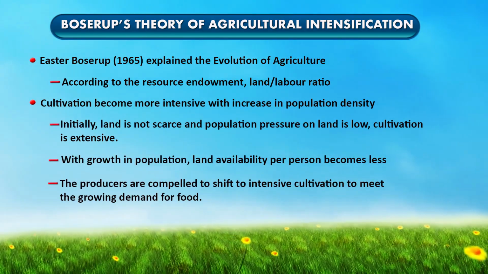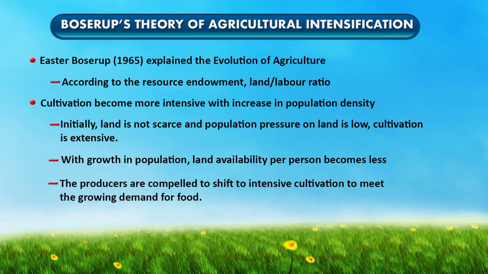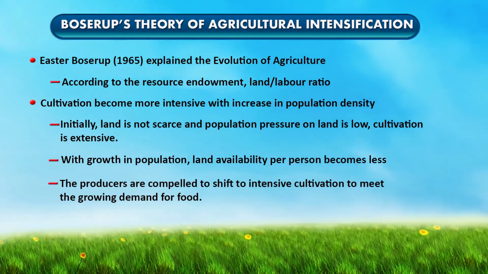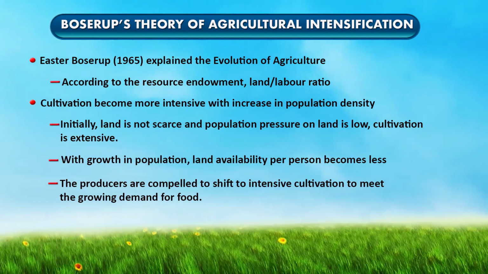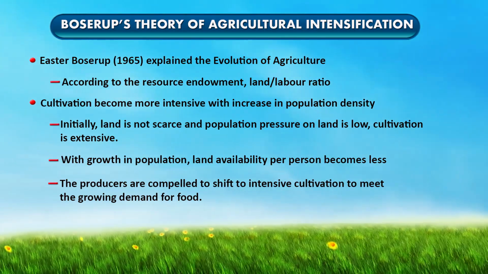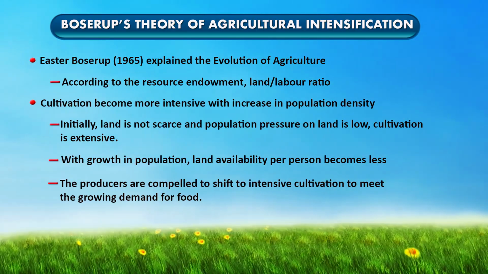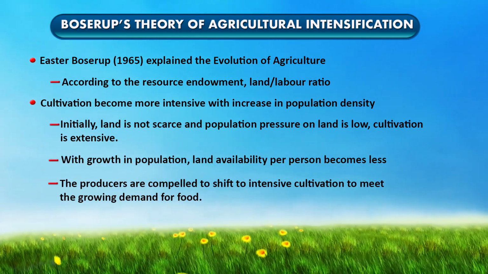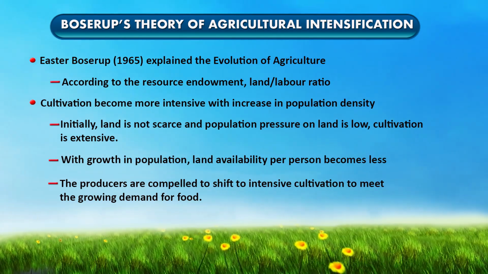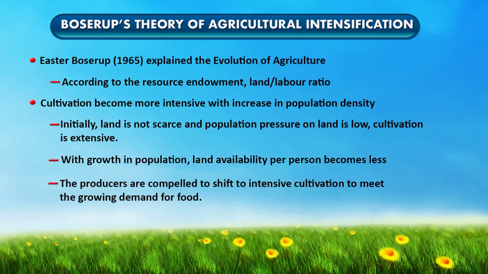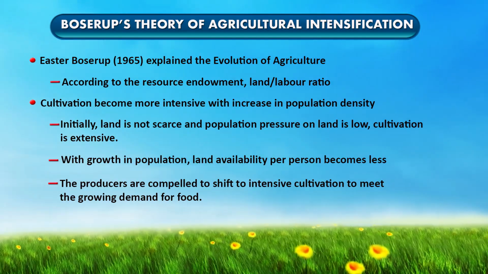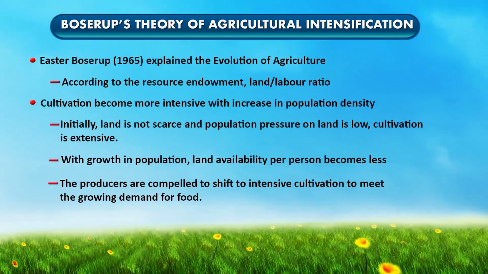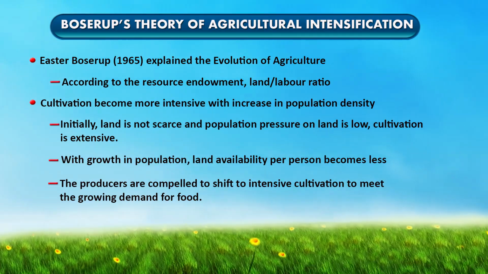Initially, land is not scarce. We have abundant land initially, but when the population grows, with population pressure on land, we use more persons on the land, and slowly land becomes a scarce resource, and we employ more labor.